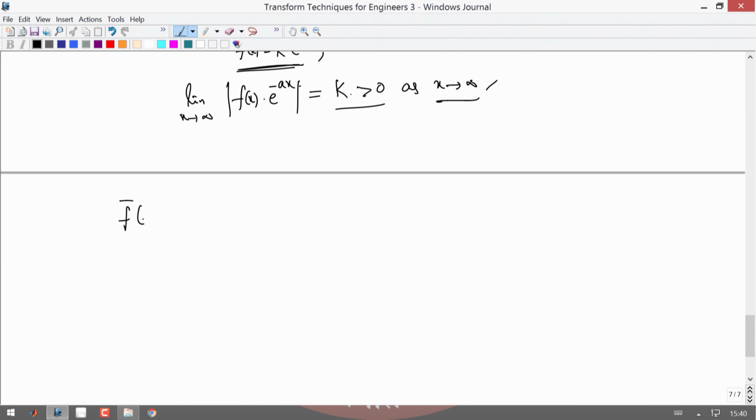F bar of s equals integral from 0 to infinity of f of t, this is the definition, e power minus st dt. So what is your s? S, you have seen, is c plus i xi, right, that is exactly what you have.